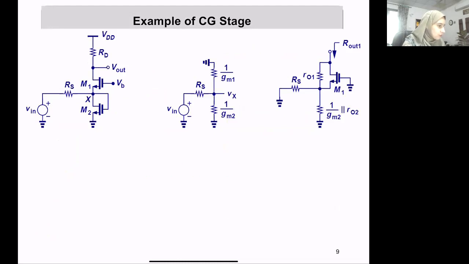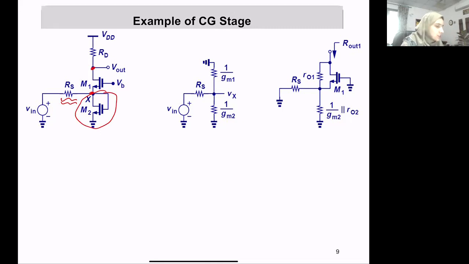Okay, now we will move to some examples. Now you can see this circuit. The input is applied from the source side and taken from the drain side. This again makes it a common gate amplifier. But I have an R here, and I have this transistor here. What is this one doing here?